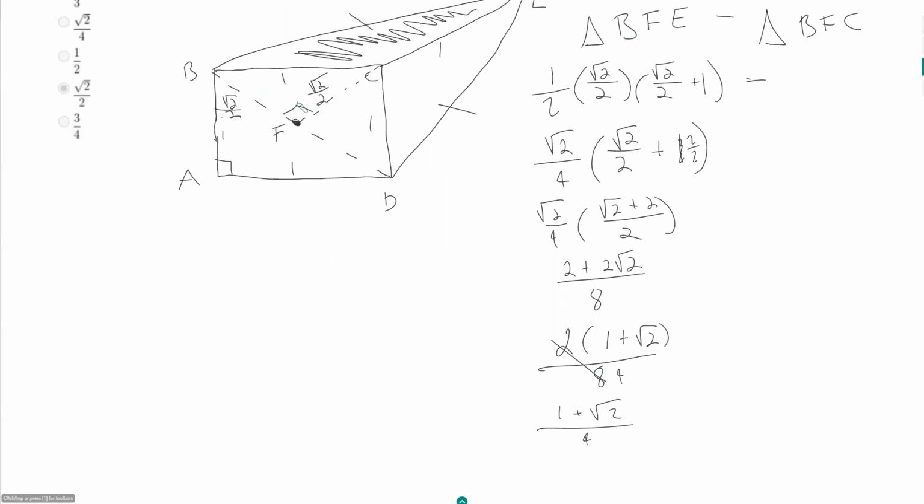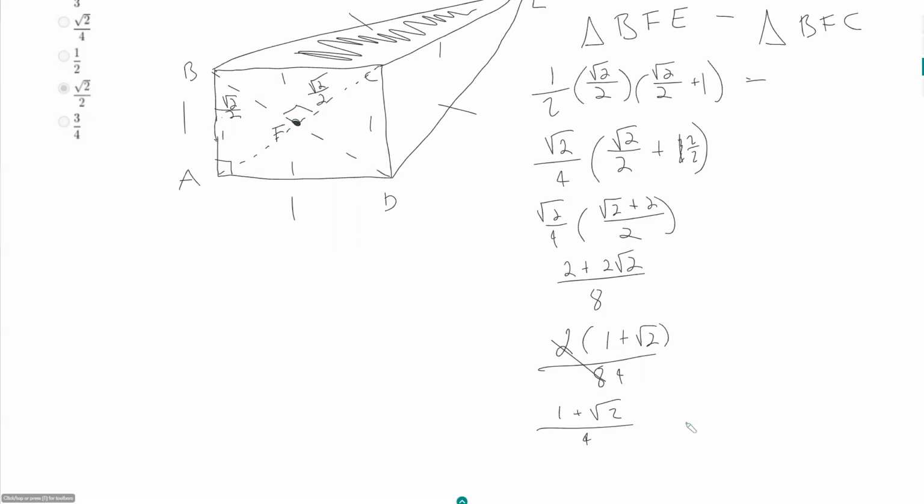Now I need to subtract out this triangle BFC, the portion of that big triangle that's within the square. The diagonals, which are perpendicular bisectors, should split the square into 4 equal triangles. So the area of this triangle should just be 1/4 the area of the square as a whole. What is the area of the entire square? If each side is 1, the area of the square is 1.